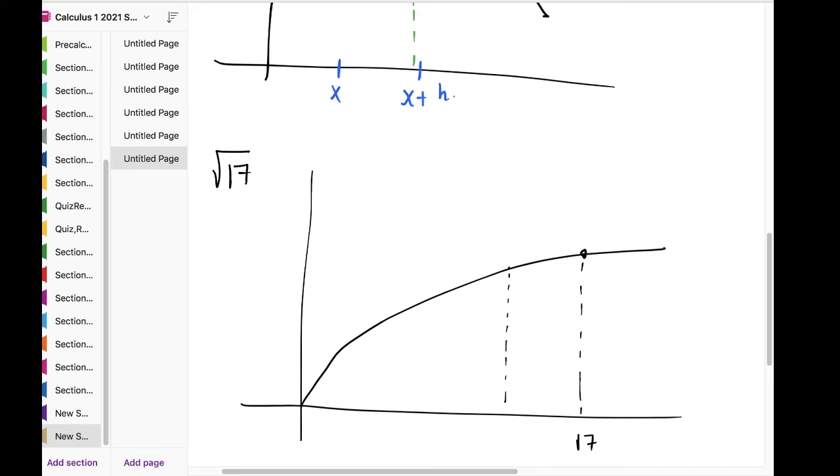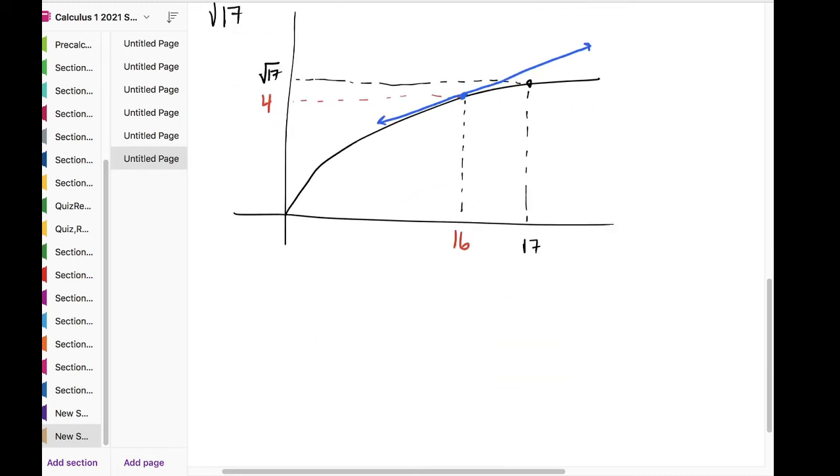This value is radical 17. So this is 16, and this value is 4. So the idea is we're going to look at the tangent line at 16, and we're going to say, well, what is the approximation?